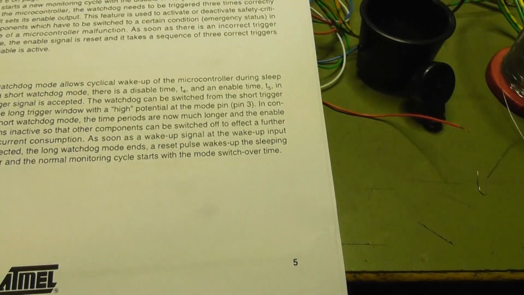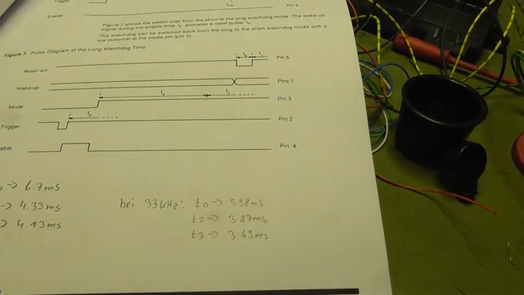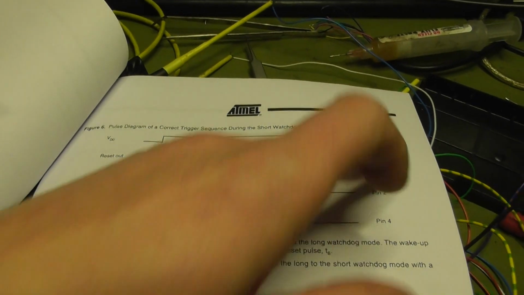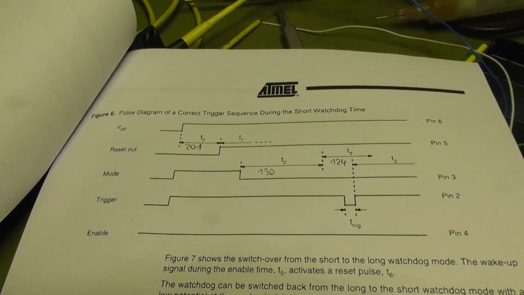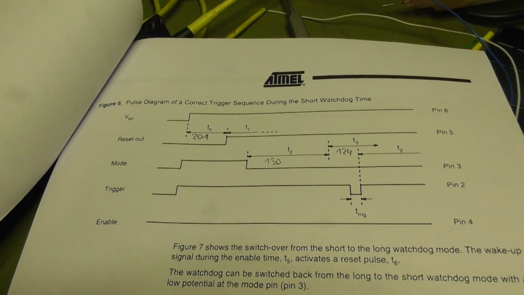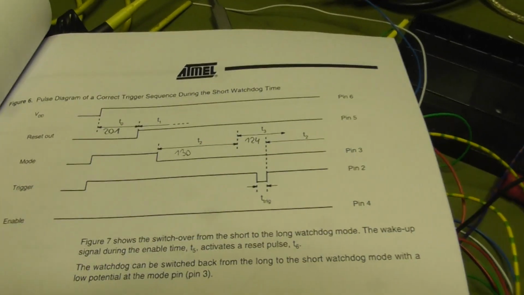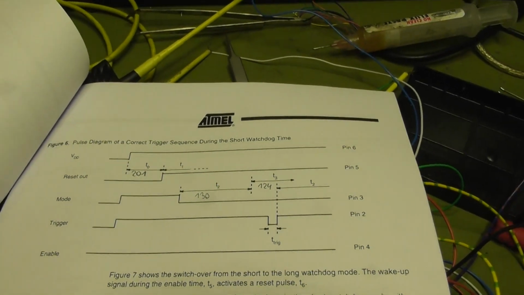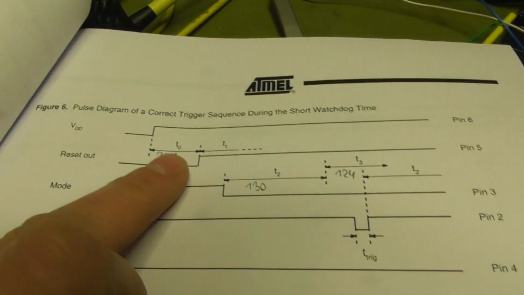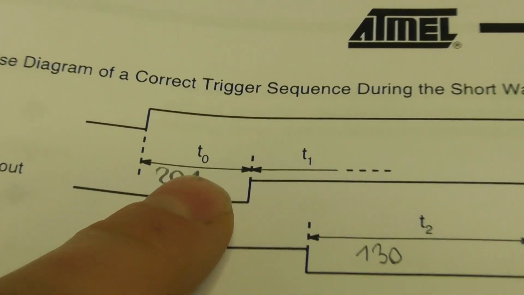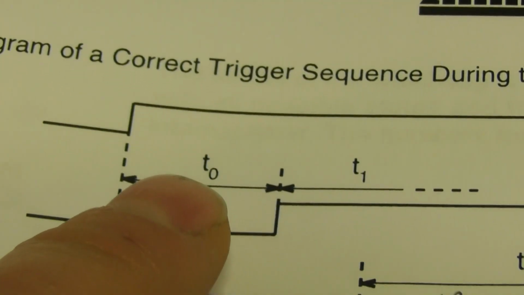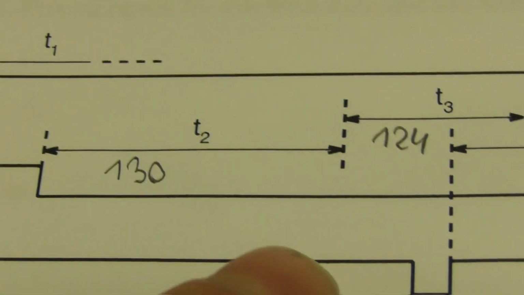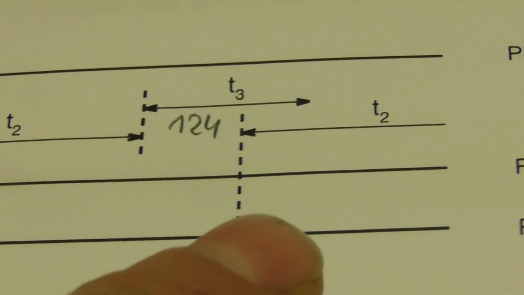So now this here is important. This is a correct sequence of all the signals that must be in time so that this watchdog is happy. Now here are times labeled T0, T1, T2, T3 and so on.